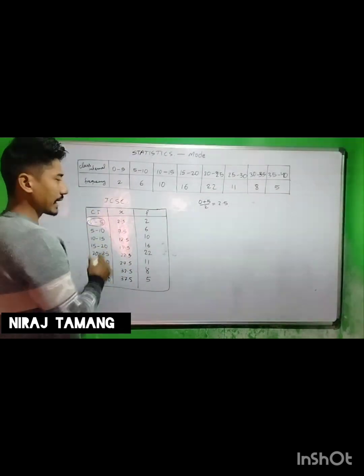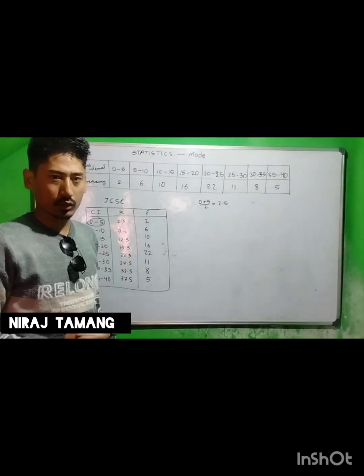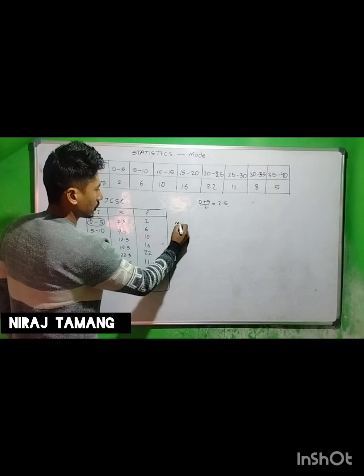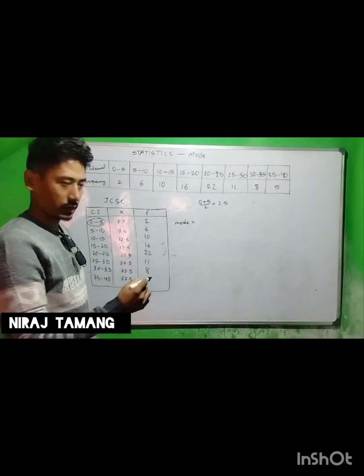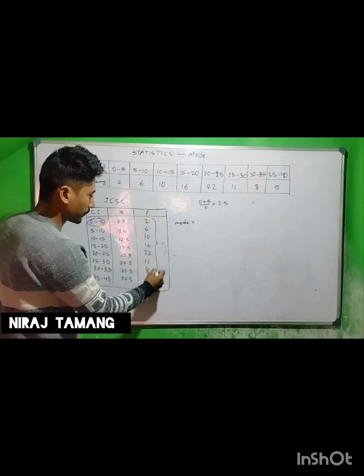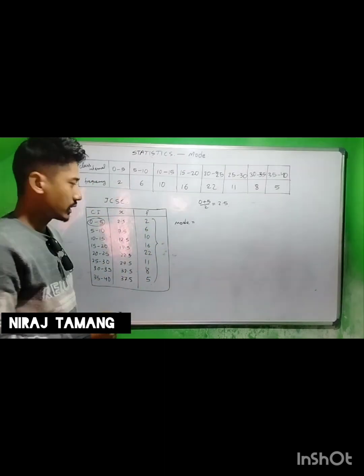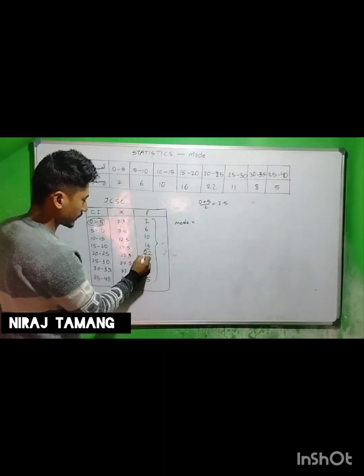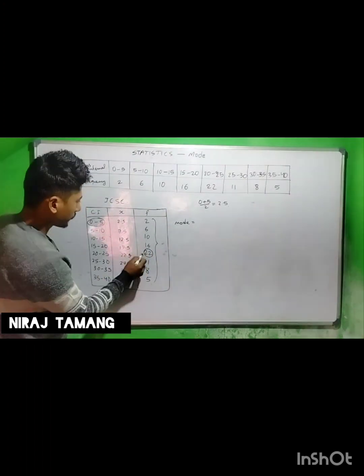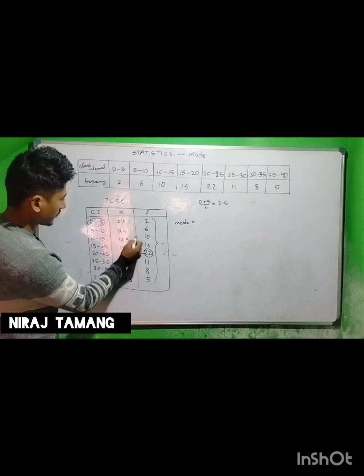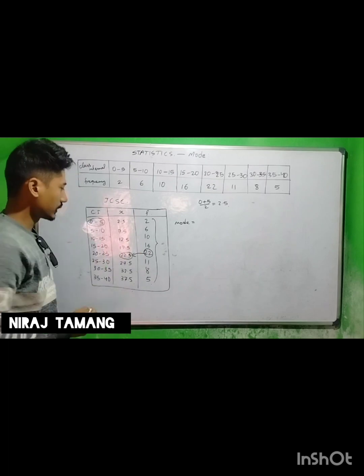For ICSE it is very easy to find the mode. We just have to look for the highest value of frequency. The highest value of frequency is 22, and we just see the corresponding value of 22, which is 22.5.